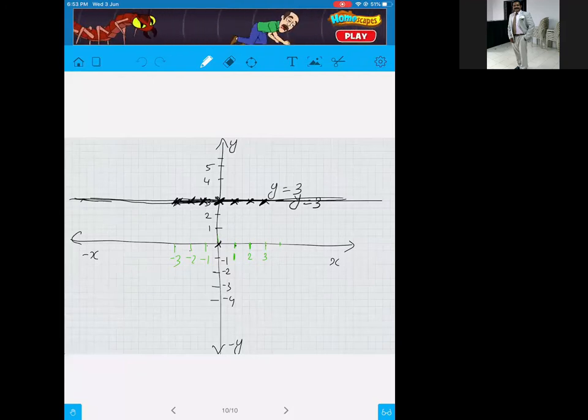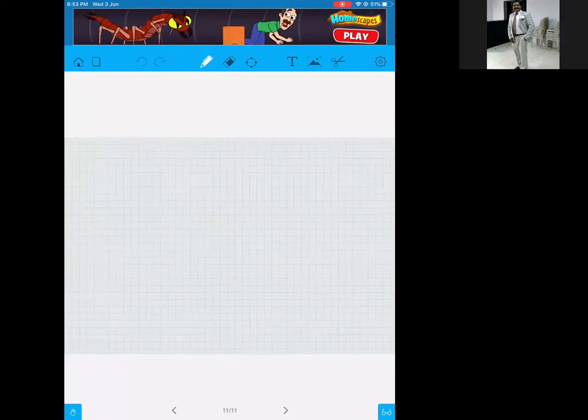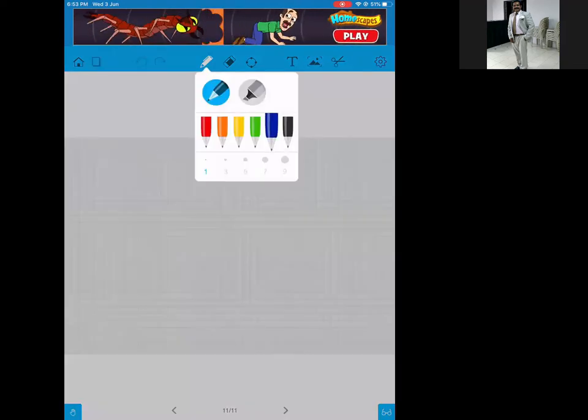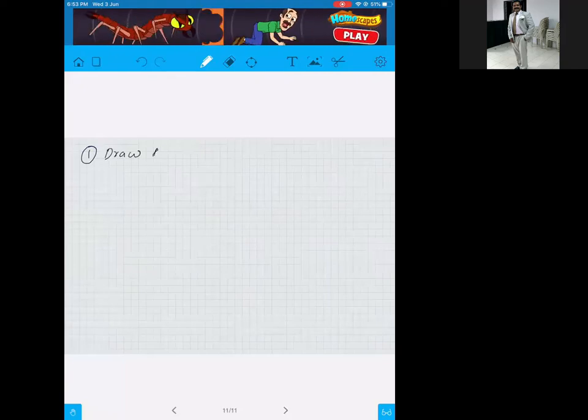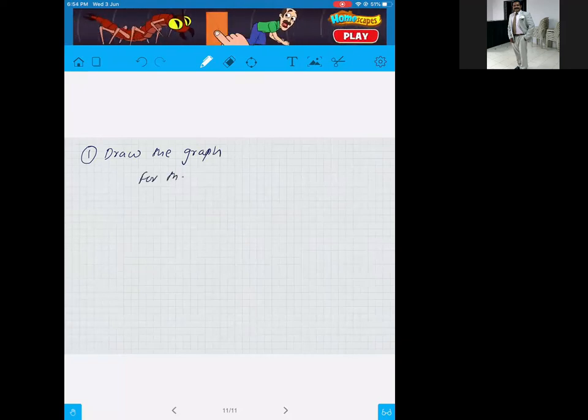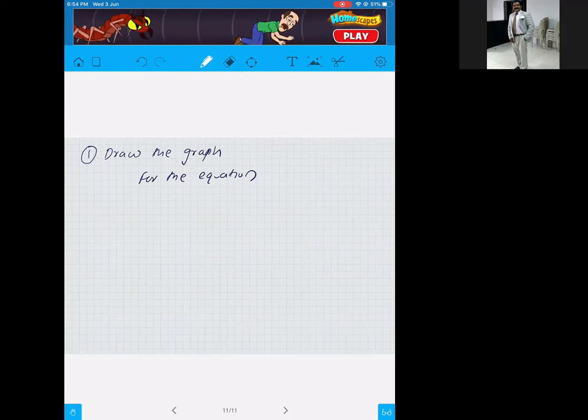Does it make sense? I will give you three questions, so from that you will get a clear idea. Suppose the first question: draw the graph for the equation y is equal to x minus 3.